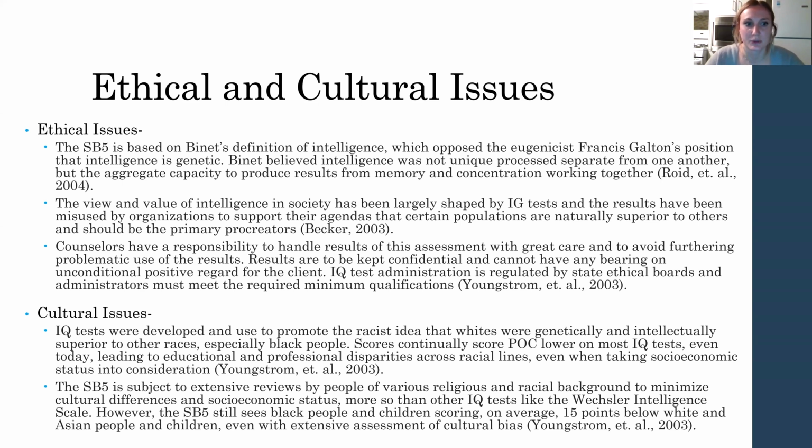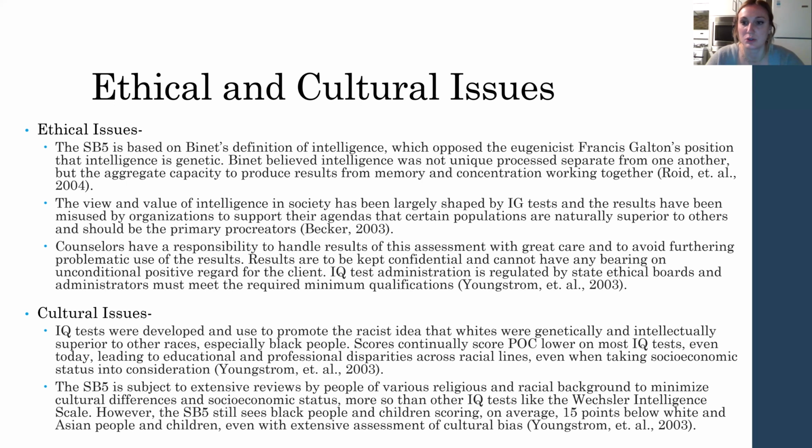As I mentioned earlier too, even with all of the reviews and peer editing and the tests that this specific test has to pass to make it into the public, they're finding that for whatever reason, scores continually hold POC about 15 points lower than white people in these tests. And for whatever reason, they have not really been able to differentiate why that is.